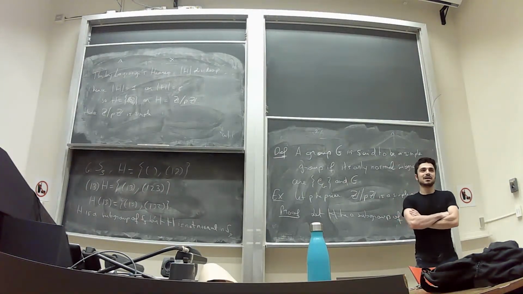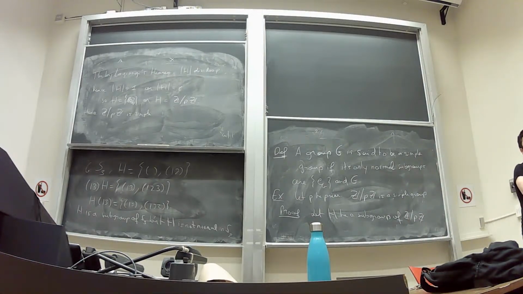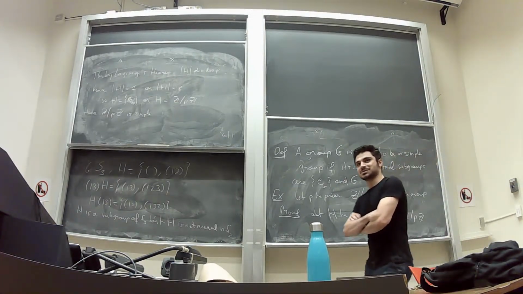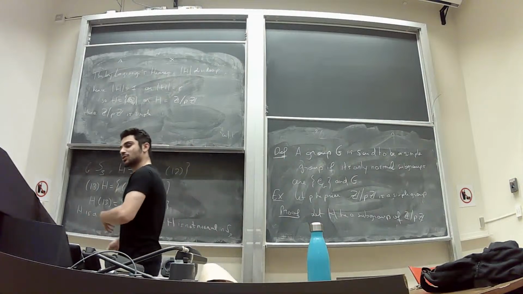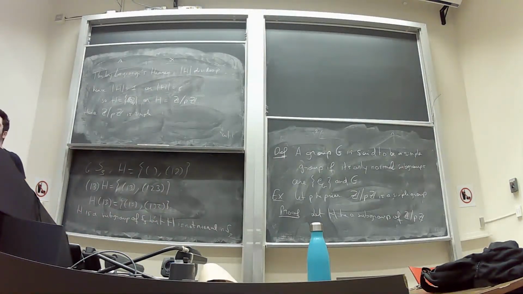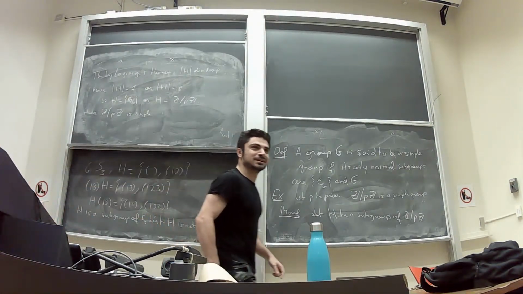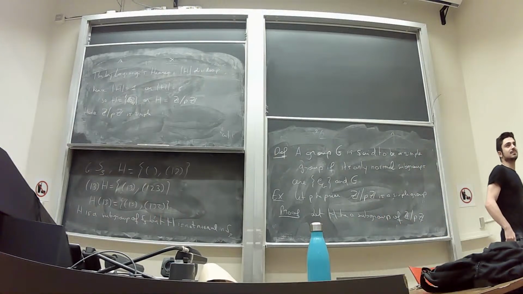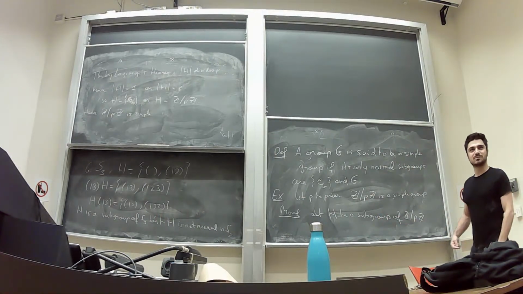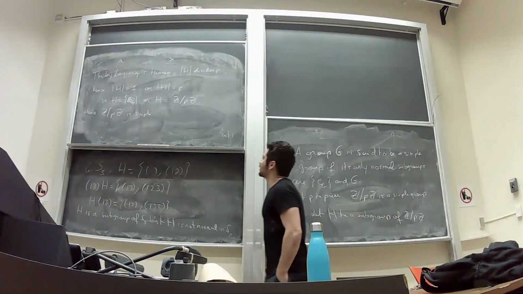So A5. And then the next non-abelian simple group has 168 elements. Okay, so we will see these maybe next time too, on Friday. I think I'll make you prove one on your assignments. But anyways.